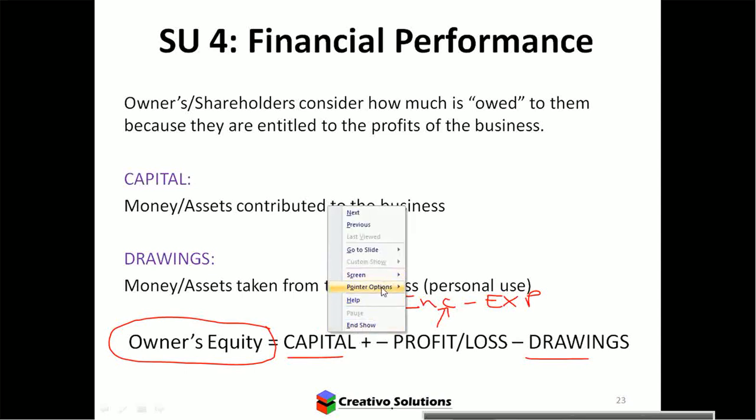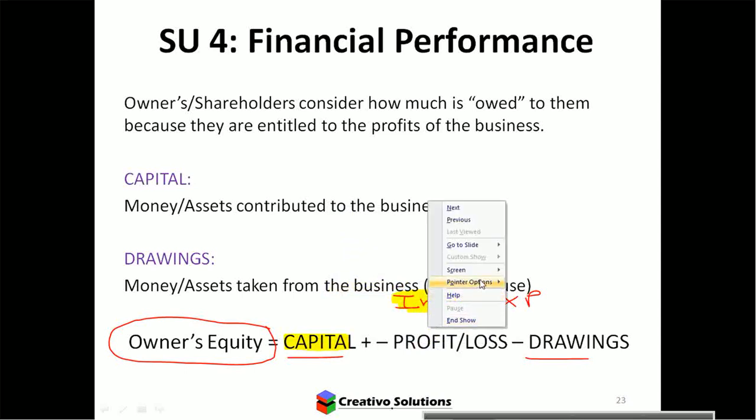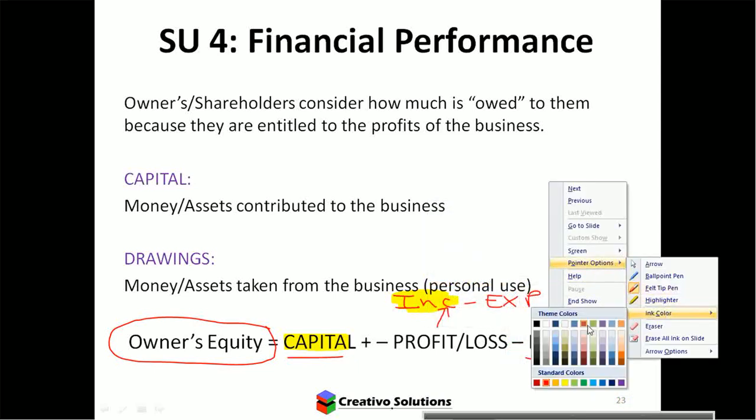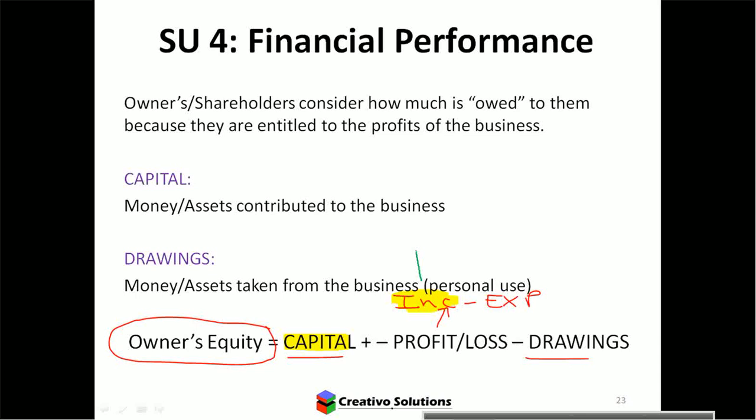So now if I look at this, capital and income. If I increase income, what happens to profit? Will I have more profit or less profit? I'll have more profit. And if I have more profit, will I have more or less owner's equity?